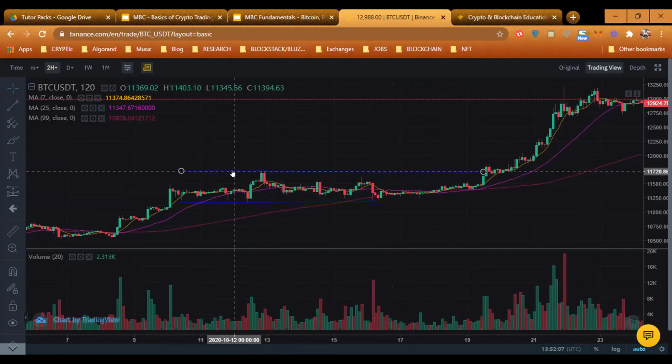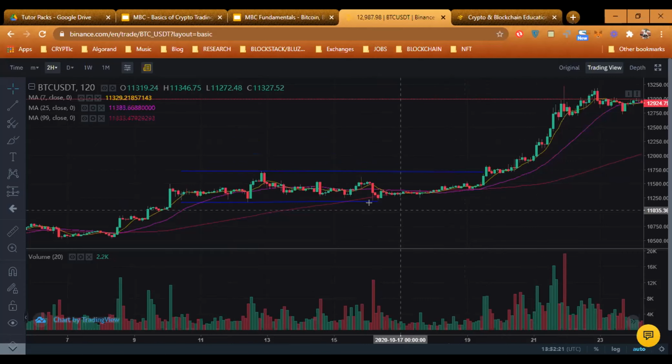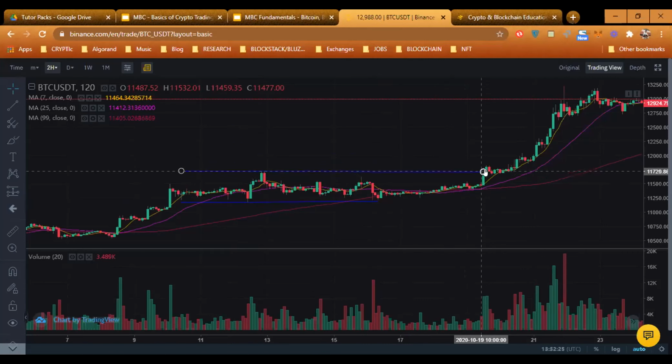And then for the last 12 hours, it didn't go beyond 11,720. I would be able to know that if it broke this resistance, it means that the price will go up. If it broke this support at this point, it means that the price will go down.